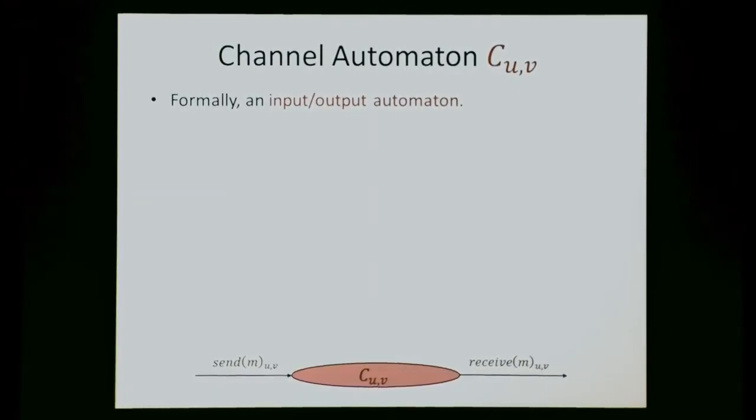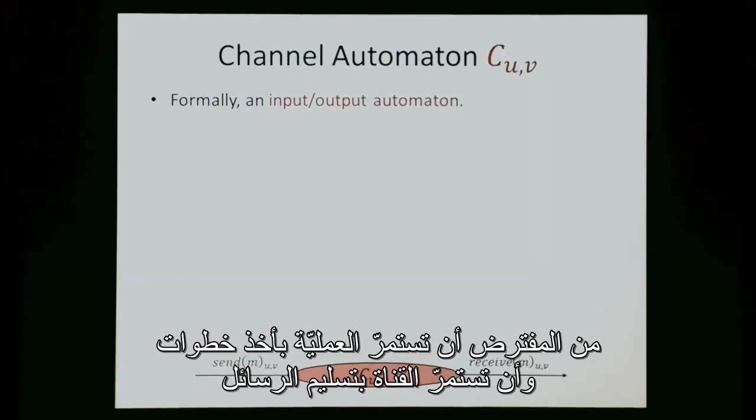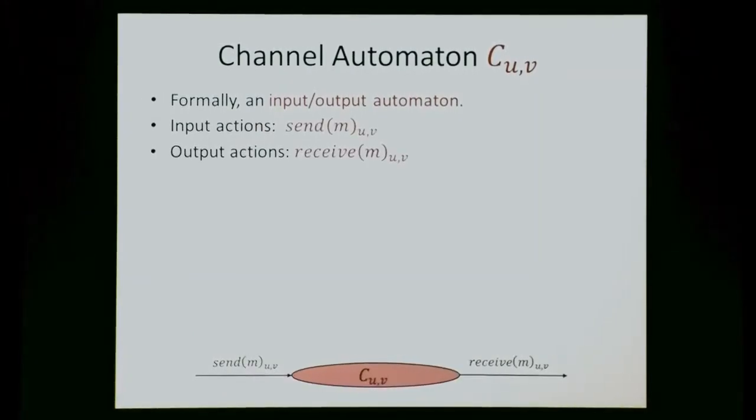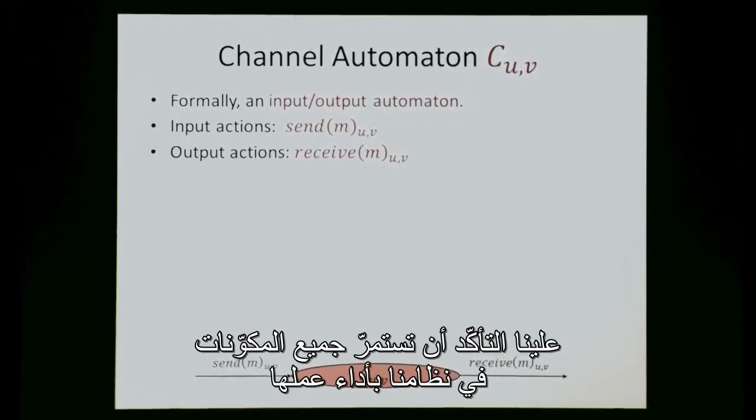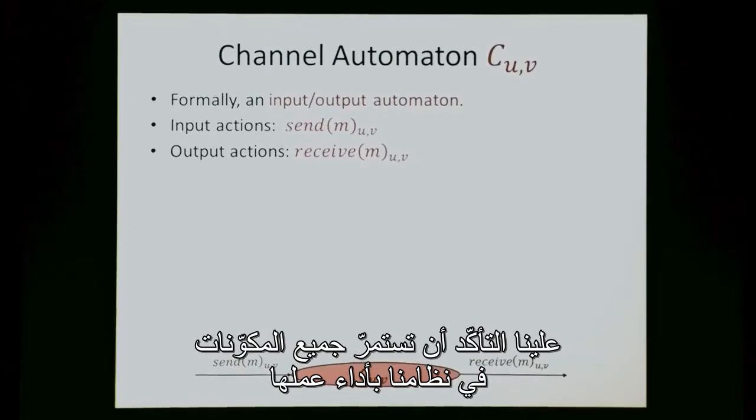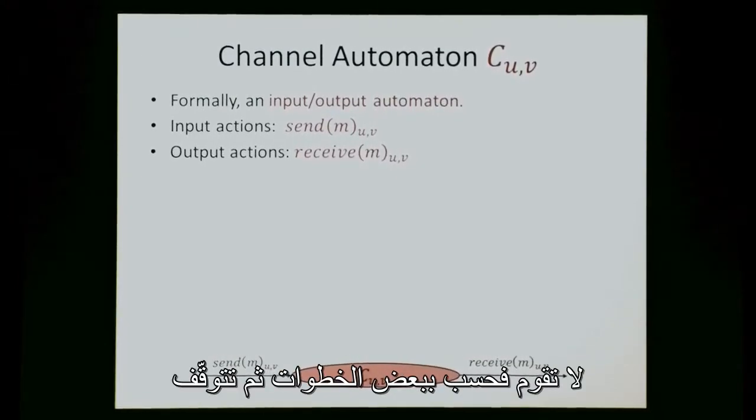Okay, and we'll model it with state variables. A process is supposed to keep taking steps. The channel is supposed to keep delivering messages. It's a property called liveness. You want to make sure that your components in your system all keep doing things. They don't just do some steps and then stop.